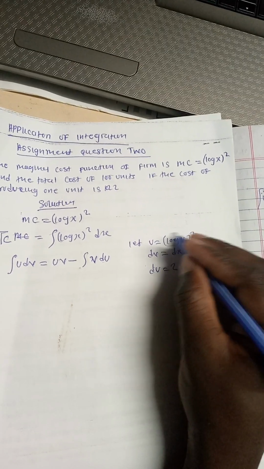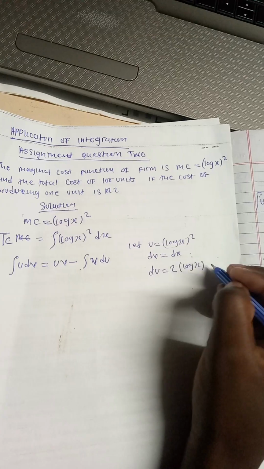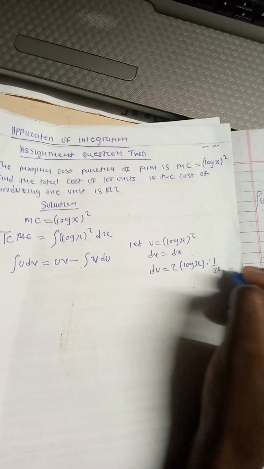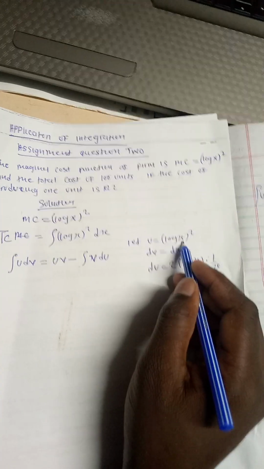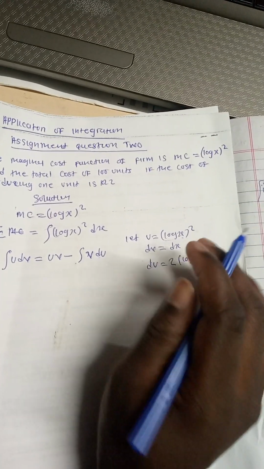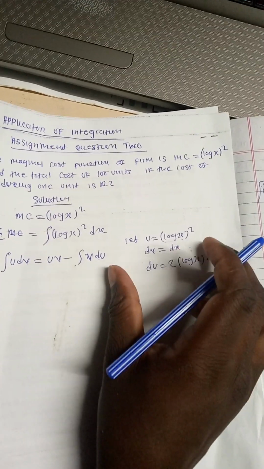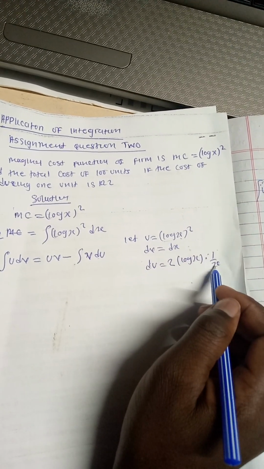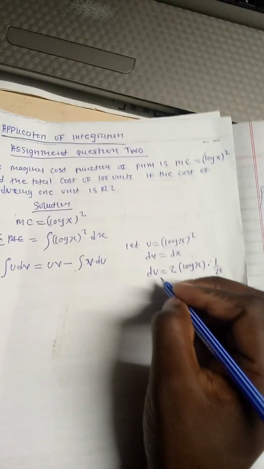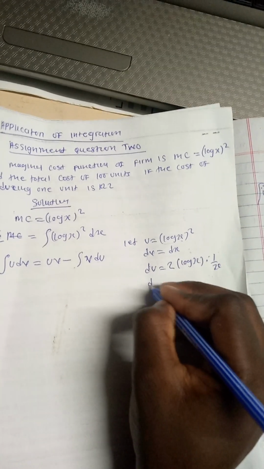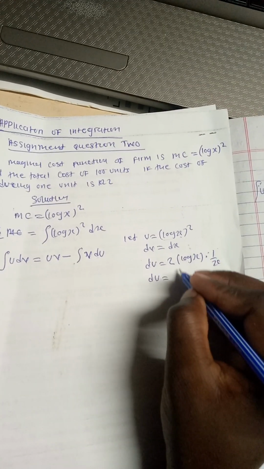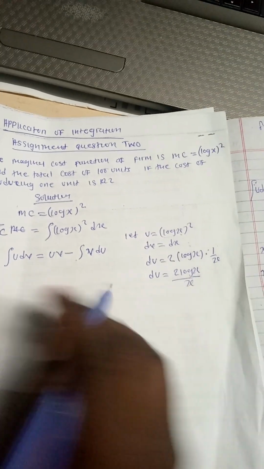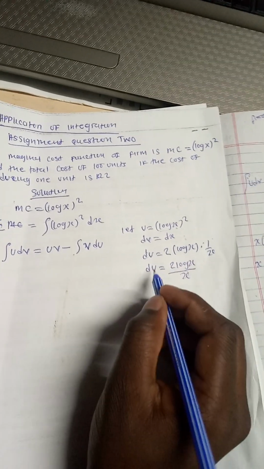Again, we multiply with the derivative of log x. Log x is the same as ln x, so when we differentiate, we get 1 over x. Now let's multiply this to get our du. We get 2 log x over x. So this is going to be our du.